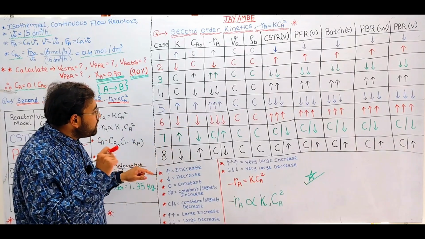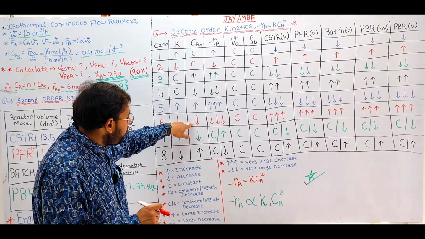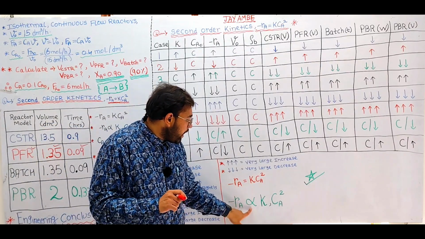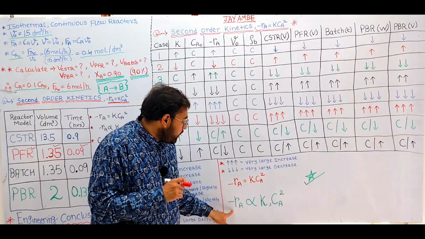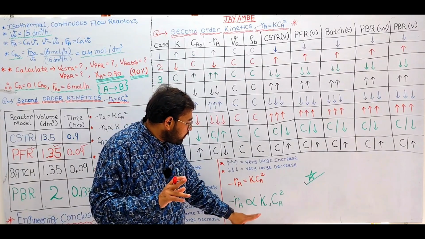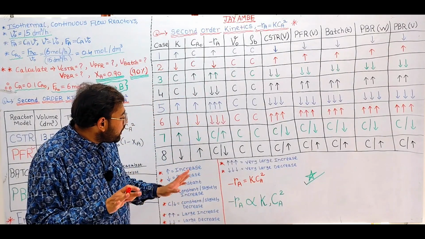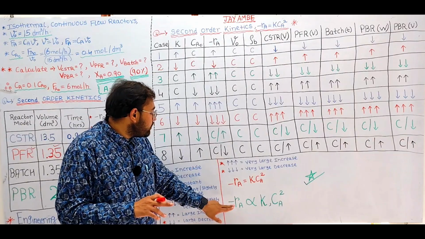Due to the direct proportionality with the reaction rate, the simultaneous decrease in both the rate constant and the concentration results in a multiple-times decrease in the reaction rate.